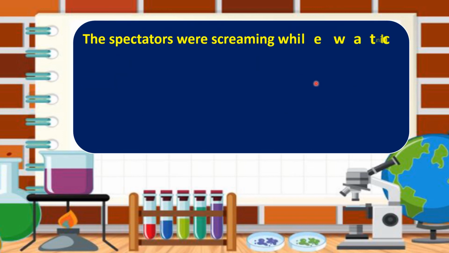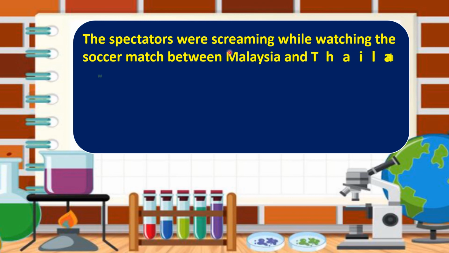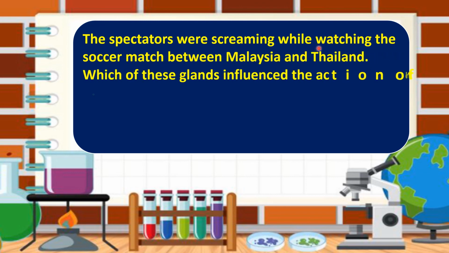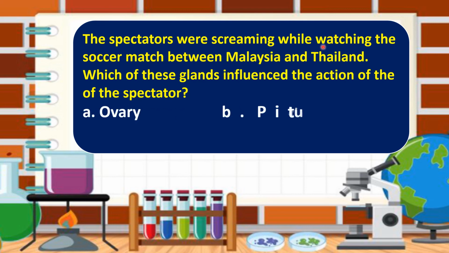Next, the spectators were screaming while watching the soccer match between Malaysia and Thailand. Which of these glands influenced the action of the spectators, or the fans watching the game? Letter A, ovary. B, pituitary gland.